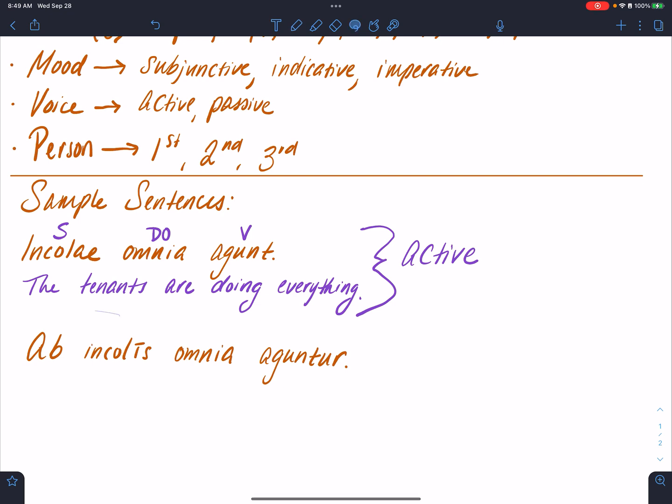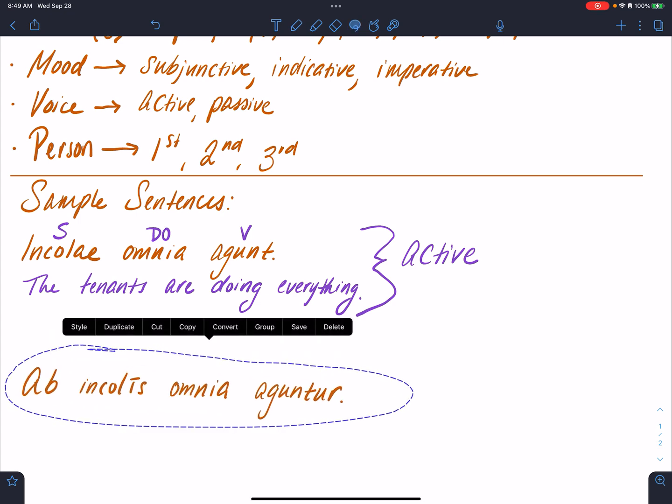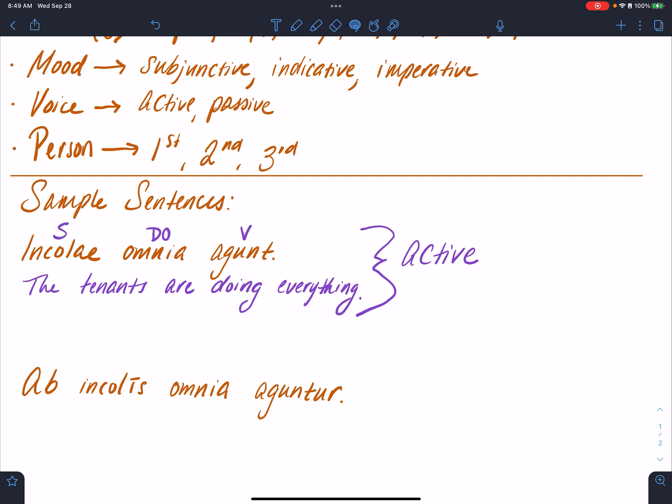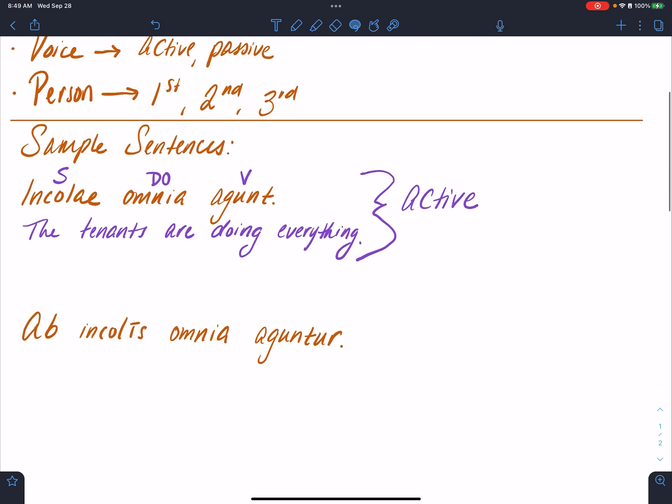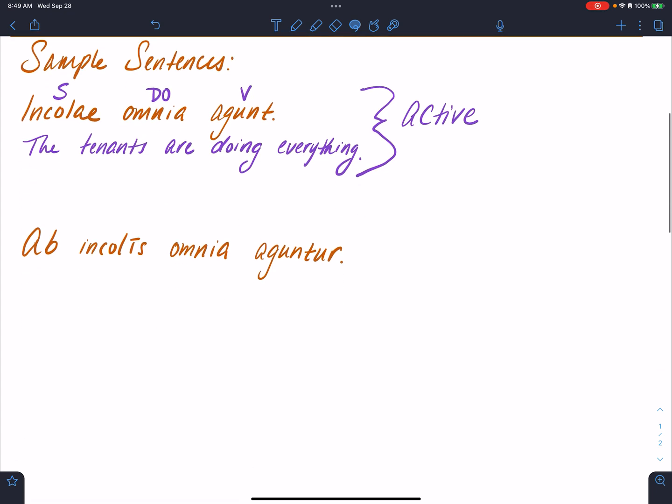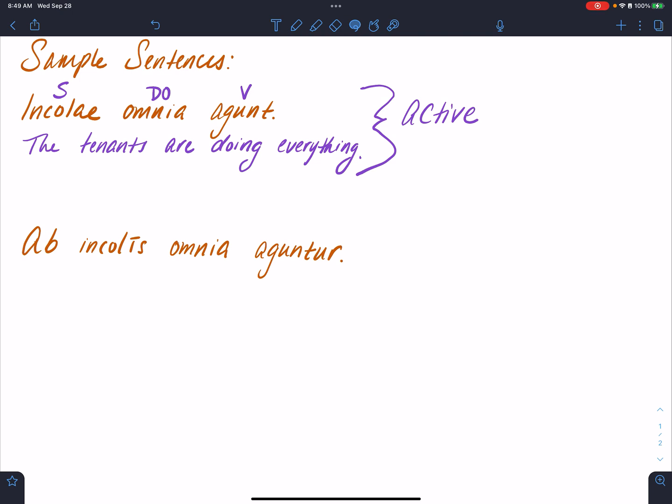And actually I'm going to move that down just slightly so we have a little more room to work. May I get rid of the mood, voice, person up at the top? Thank you. Okay, so now let's do our markup.